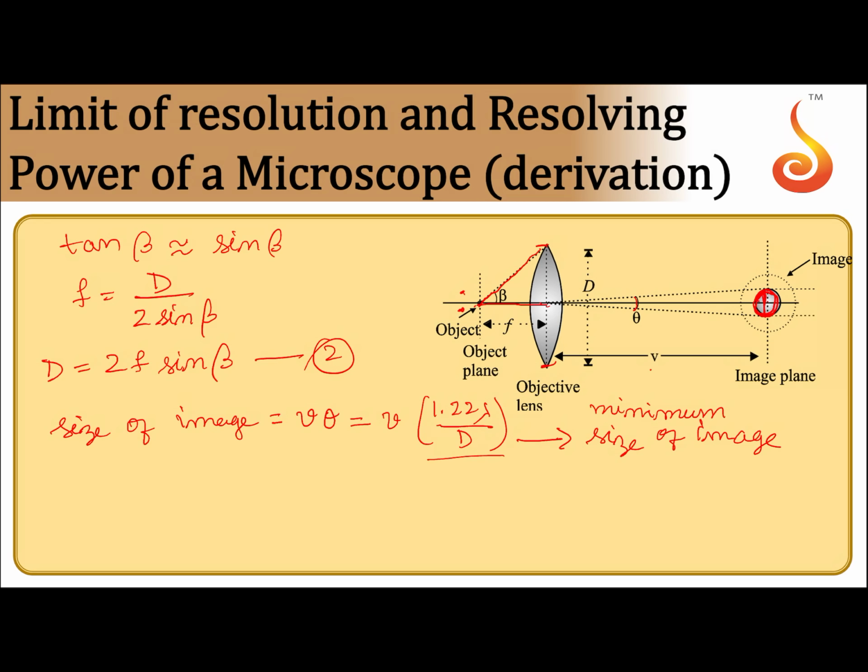Minimum separation in the object plane should be d minimum, that should be equal to v divided by m. V divided by m will give you f. So v divided by m into 1.22 lambda divided by d.